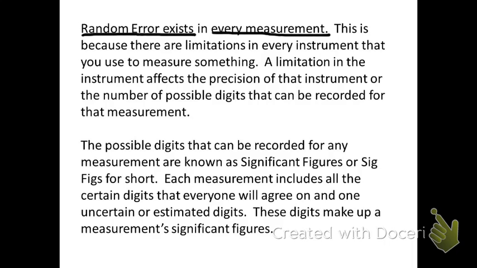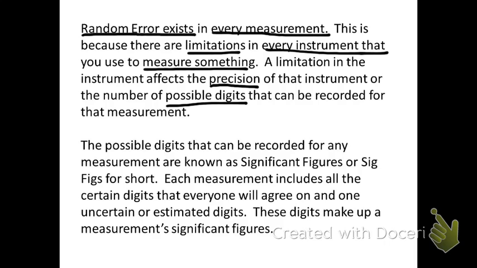This is because there are limitations in every instrument that you use to measure something. A limitation in the instrument is going to affect the instrument's precision, or the number of possible digits that can be recorded for that measurement.